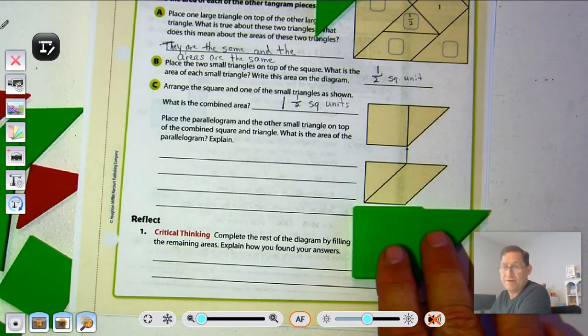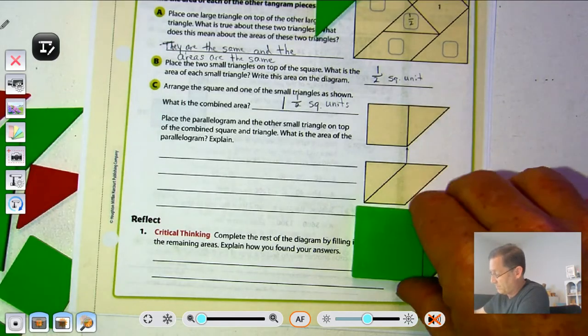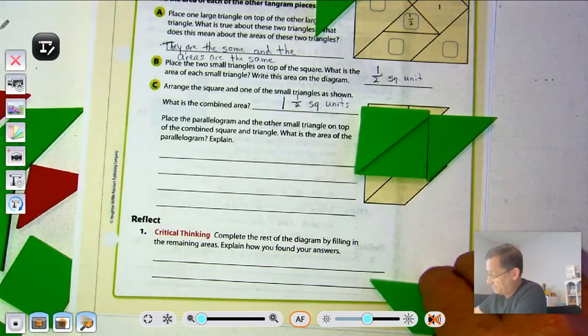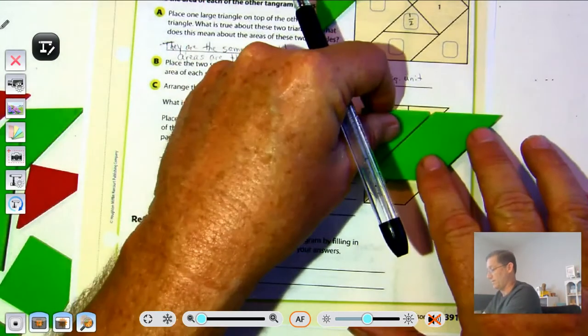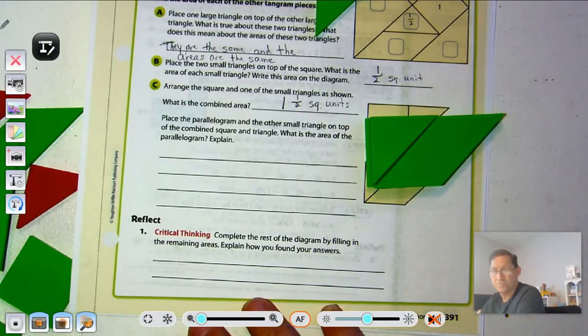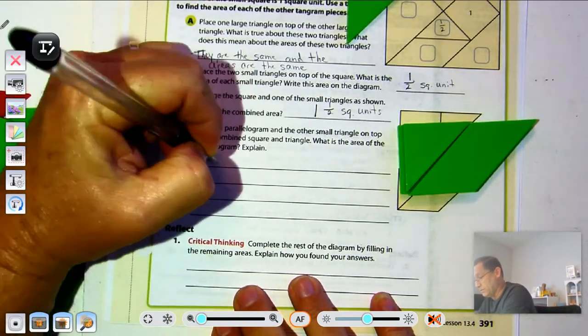So we know that the area of the parallelogram and the small triangle is the same as the square and the small triangle. So if that's true, then the parallelogram is one square unit.